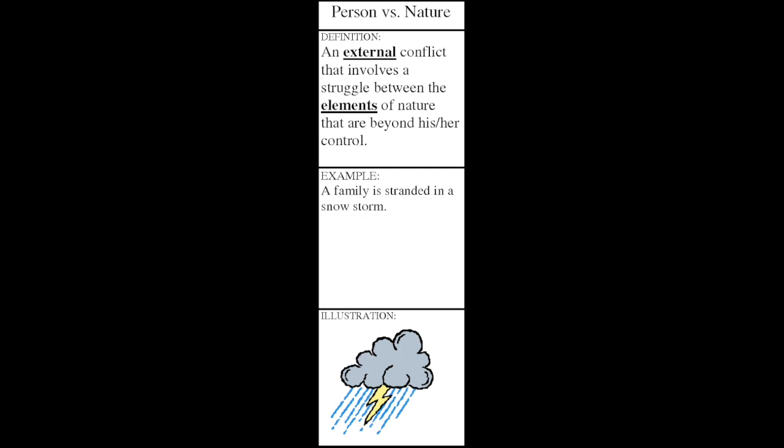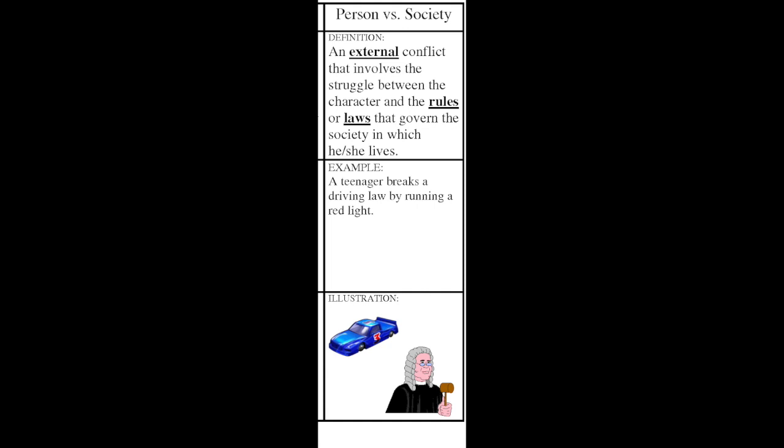And then finally, person versus society, and this is an external conflict as well, and you can see this with the Greasers especially, their situation where they have conflicts with the police and with the court system, and that this conflict leads to further problems. So look for person versus society as you're reading the book as well.